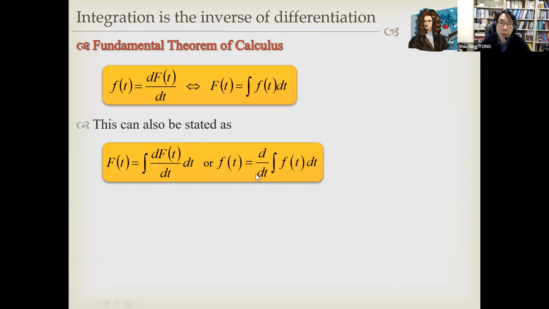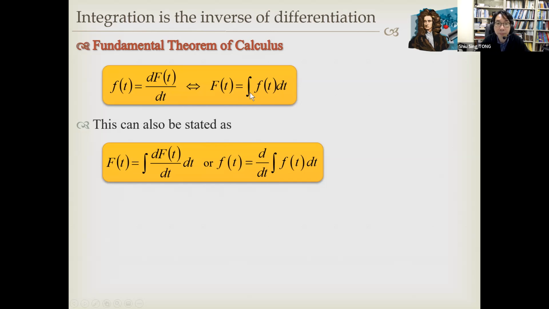Now, you can formulate the fundamental theorem of calculus like this. Suppose you have a function capital F, you differentiate that function, you get the small f of another function. Then that is equivalent to saying that if you integrate the small f, you go back to the big F. So in this formula, you can see the big F and the small f are related by a pair of operations, differentiation and integration, but they are opposite to each other.